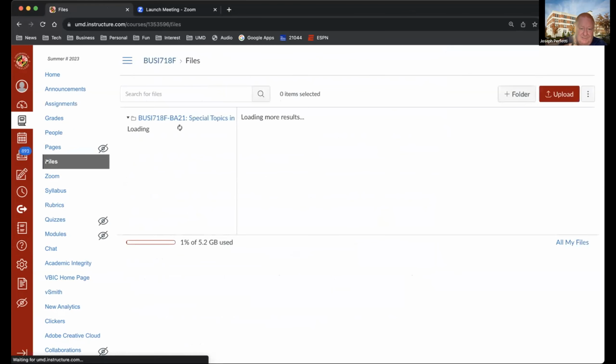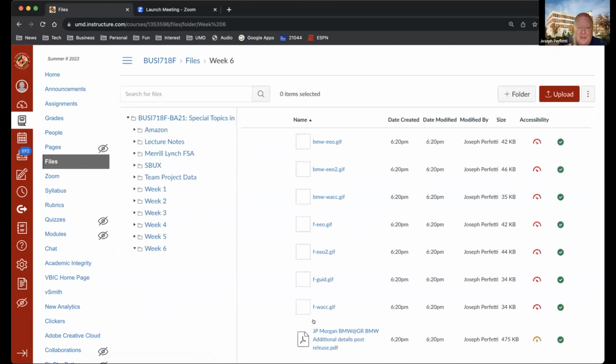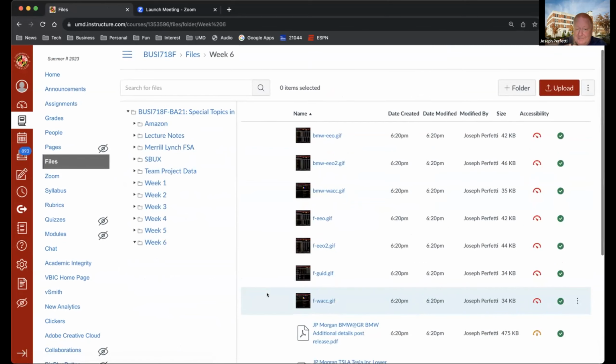So for example, in the file section, under week 6, which is not in the right place, it should actually be under your team folders, but I put in the data for Tesla. Okay, so Tesla is going to compare themselves against BMW and Ford. So those are the 2 automobile peers, in addition to Tesla, that they're going to do their multiple analysis on.